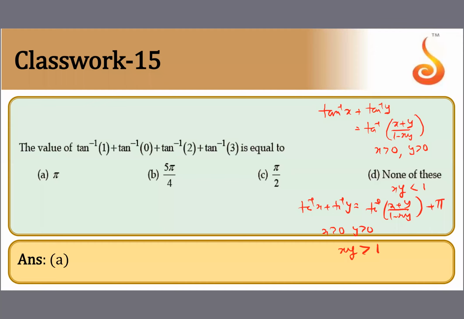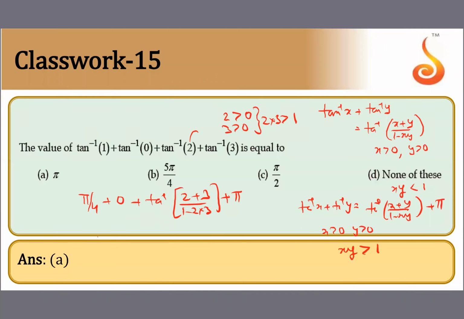Same concept here. Pi by 4 plus tan inverse (2 plus 3) by (1 minus 2 into 3), plus pi, because 2 is greater than 0, 3 is greater than 0, and 2 into 3 is greater than 1.